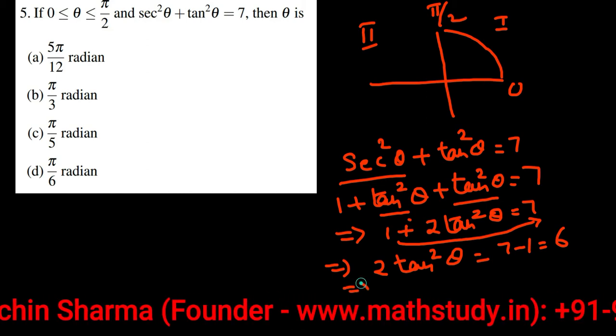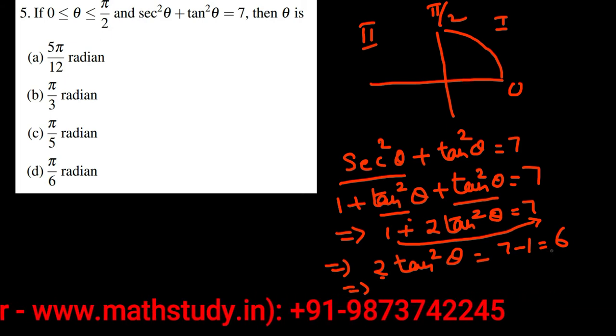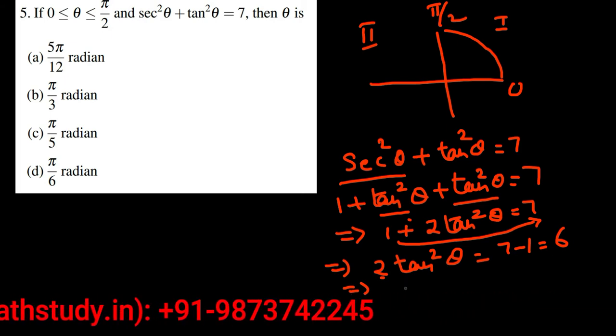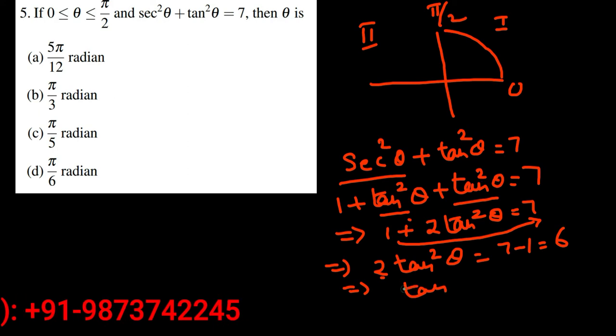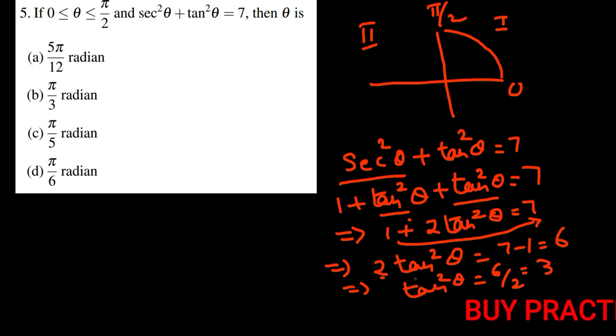So now taking this 2 towards the right side, here it is in multiplication, when it goes towards the right it will be in division, right? So tan square theta equals 6 by 2, which is 3, right? So we get tan square theta is equal to 3.